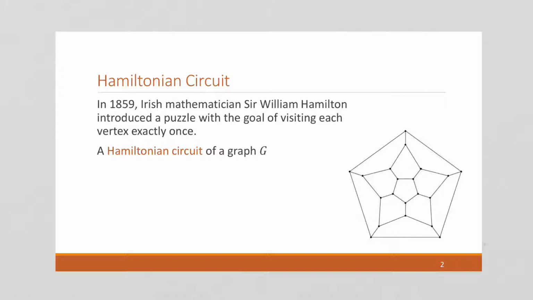The idea is very similar to an Eulerian circuit, except now we don't care about hitting every edge, but we care about hitting every vertex exactly one time. So a Hamiltonian circuit is a simple circuit, and that's important, that includes every vertex of G. Okay, so that simple circuit is important.